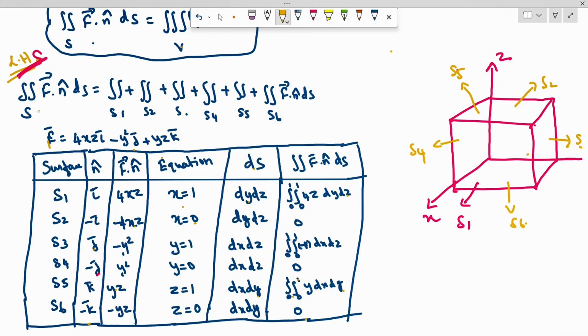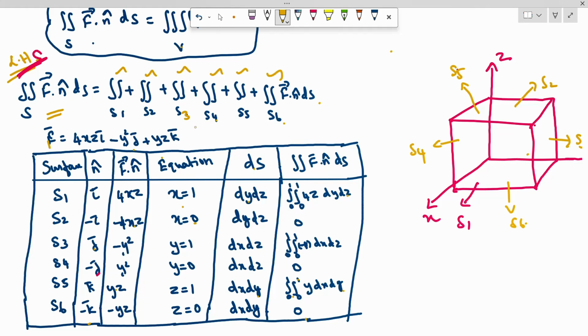The integral over S of F vector dot n cap dS is equal to the double integral over S1 plus S2 plus S3 plus S4 plus S5 plus S6 of F vector dot n cap dS. We have to calculate each surface separately, and then finally adding all the 6 surfaces we will get the required left hand side value.